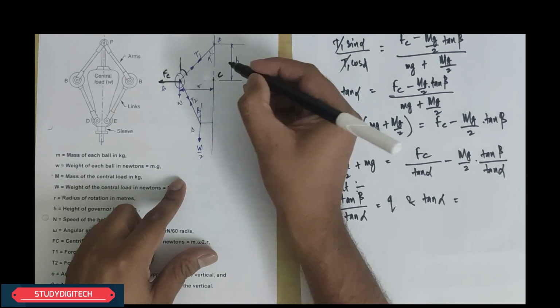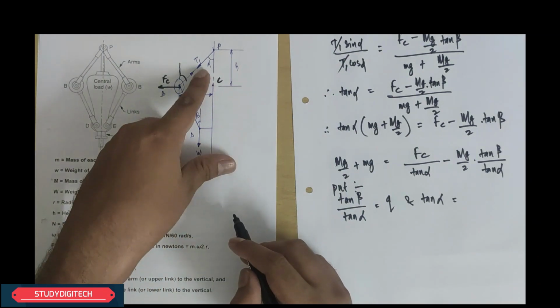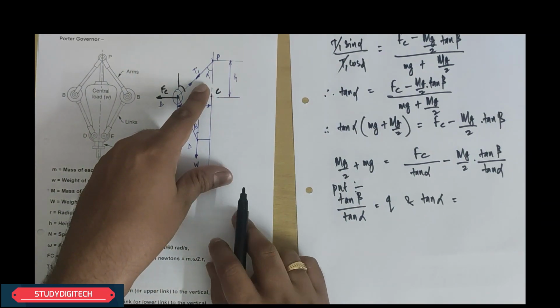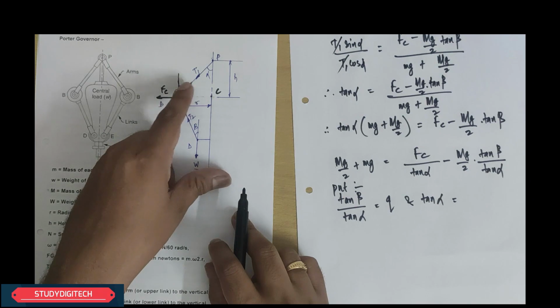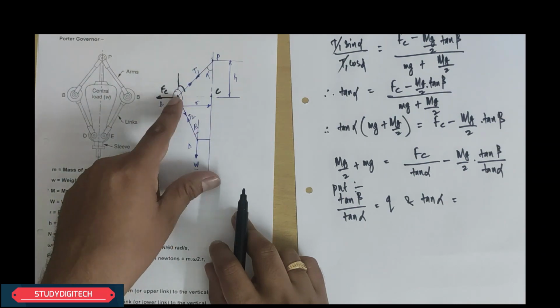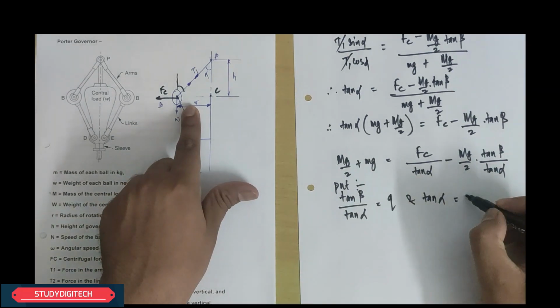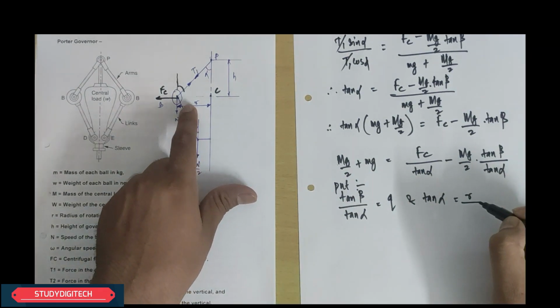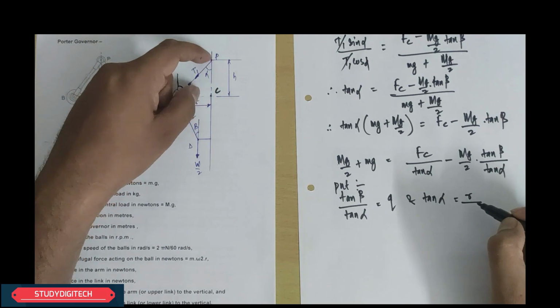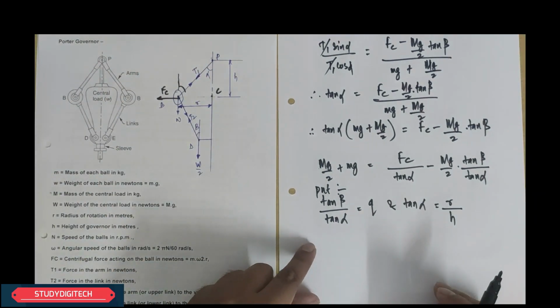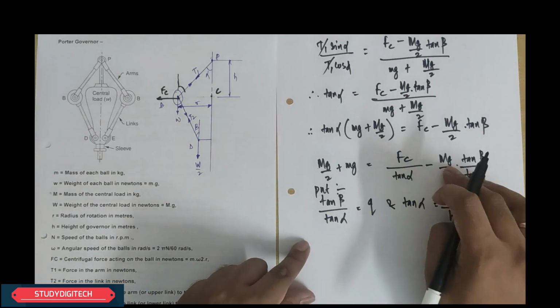Suppose this point is C. So if we take tan alpha, so tan alpha is equal to opposite side divided by adjacent side. So opposite side is BC, which is radius of rotation R, and adjacent side is PC, that is height of governor.